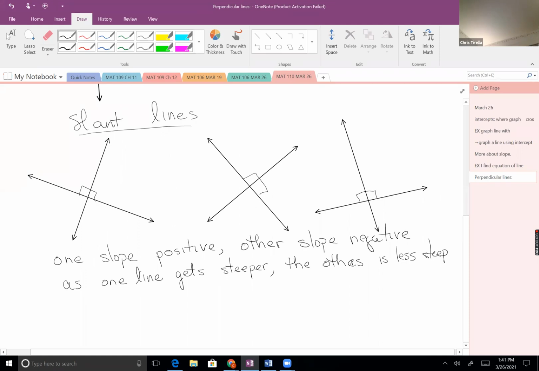That idea of as one increases, the other decreases, as one gets steeper, the other gets less steep, means that they behave in opposite ways.